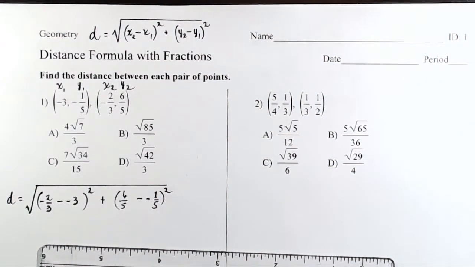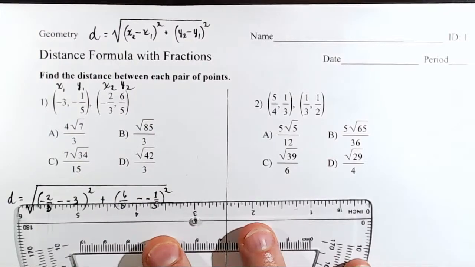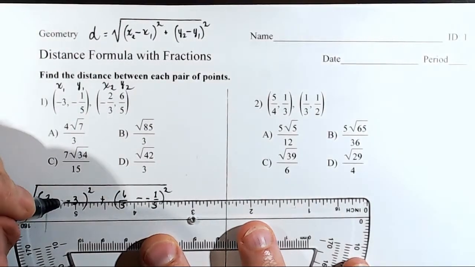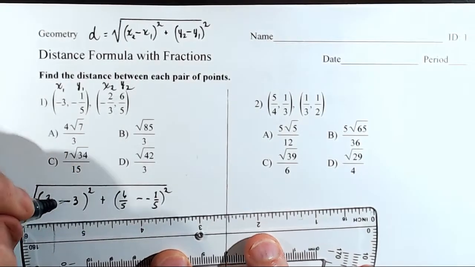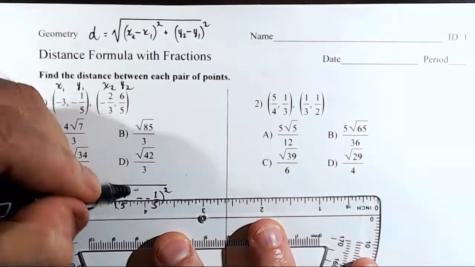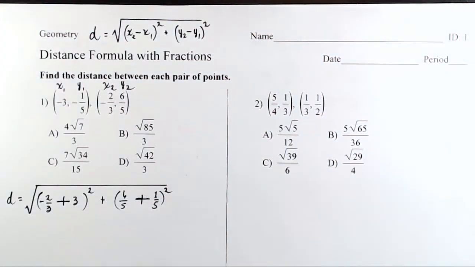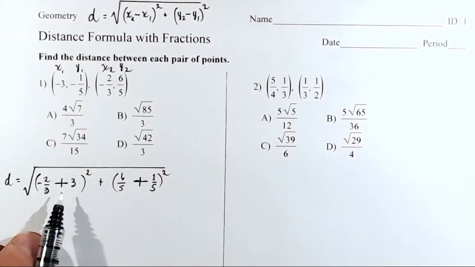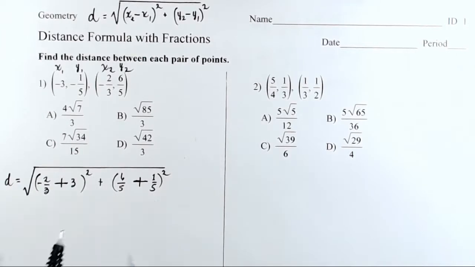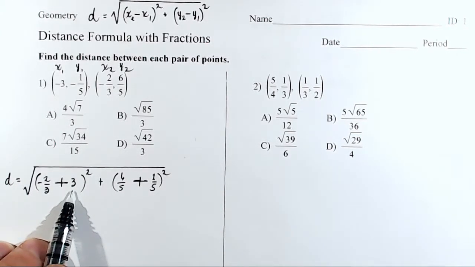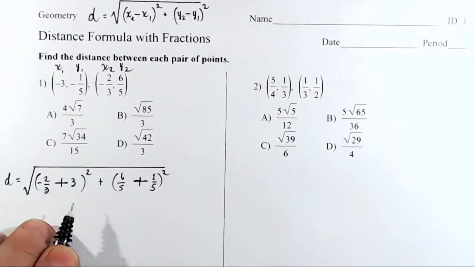Okay, so the very first thing we can do is recognize that we have a minus and negative. Inside the parentheses, we can make that a plus. So two minus signs become a plus sign. Now we need to add these fractions inside. The problem right here is I've got a whole number. So I've got 3, and I need 3 to be a fraction with 3 in the denominator.